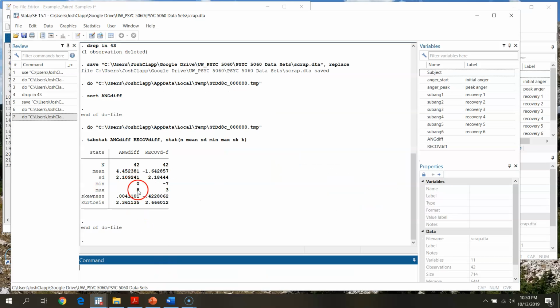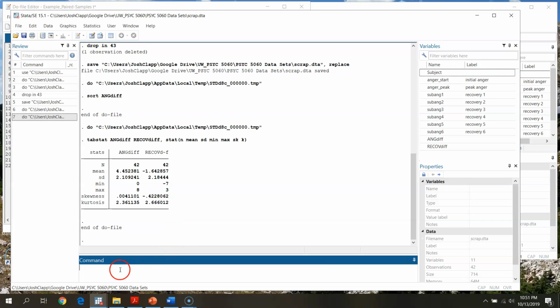So here, all our values are within range. Here, all our values are within range. So we're looking not too bad here. Okay, so all of our values are within limits. So in terms of accuracy, plausibility, one case with missing anger recovery scores. Other than that, no values falling outside the bounds of what we would expect based on our data.